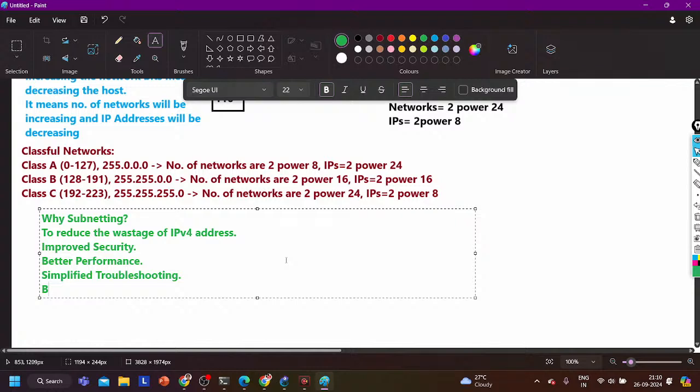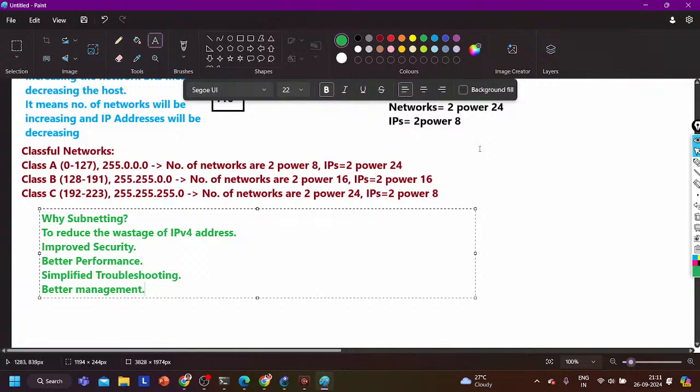I can say better management. Better management. With the help of subnetting, we can have isolated networks.